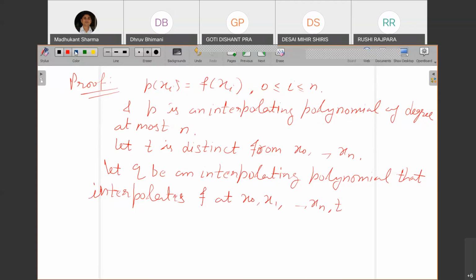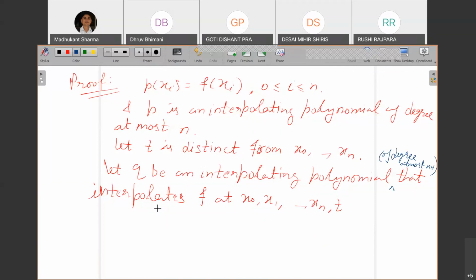So it is an interpolating polynomial of degree at most n plus 1, because you have n plus 2 points. Q is an interpolating polynomial of degree at most n plus 1, and P is an interpolating polynomial of degree at most n. They are related because we have only added one more point.